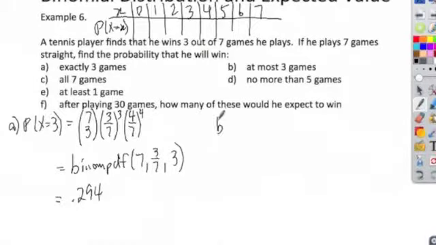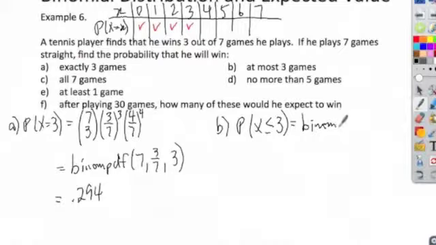In part B, at most 3 games, so it could be 0, 1, 2, or 3, not more than 3. That notation would be given by the probability that x is less than or equal to 3. And that again would be given by the calculator function binomCDF.